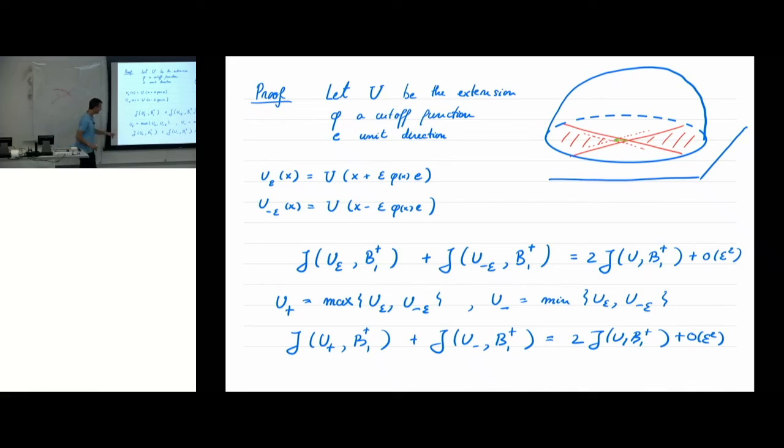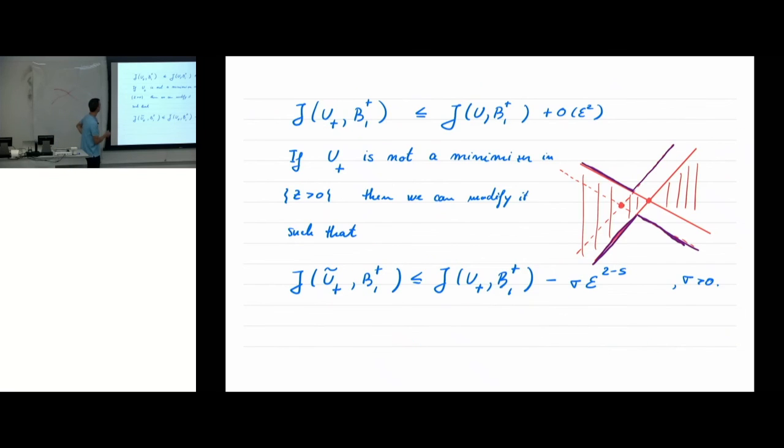And in particular, this tells me that U plus and U minus are just O of epsilon squared errors with respect to the original surface. So if I look at the maximum, U plus, this would still be close enough to the original energy.